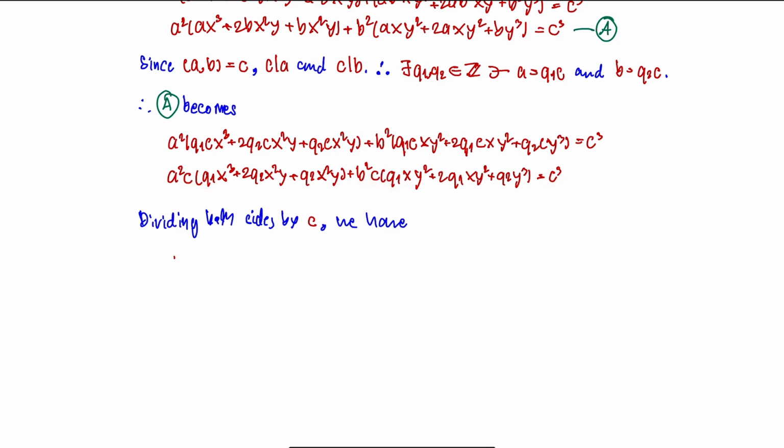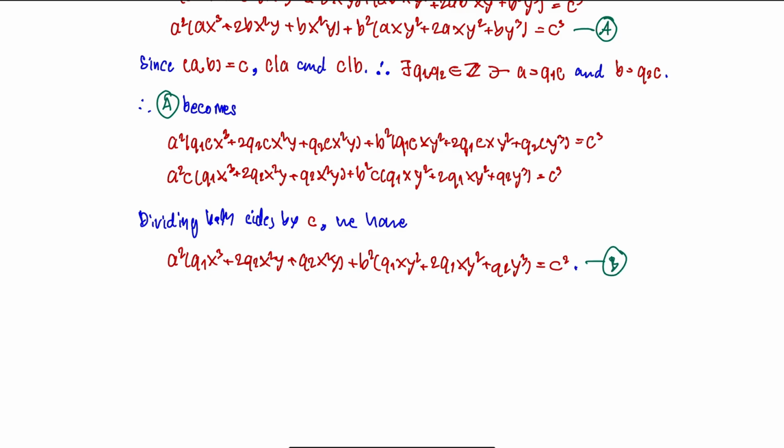So it turns out to be a squared (q1 x cubed plus 2q2 x squared y plus q2 x squared y) plus b squared (q1 x y squared plus 2 q1 x y squared plus q2 y cubed) equal to c squared. Okay, great. I will call it equation B.